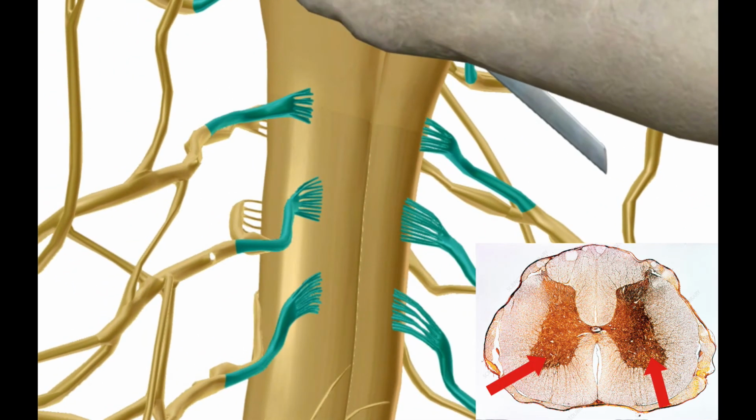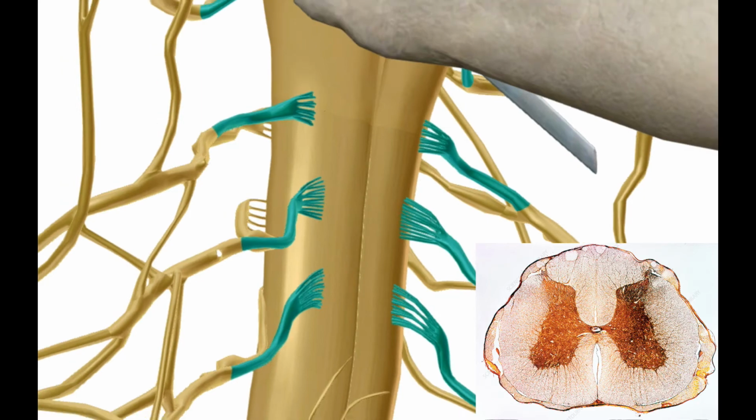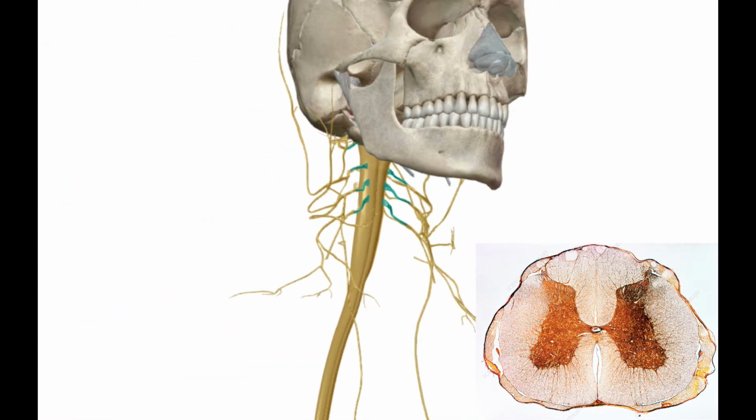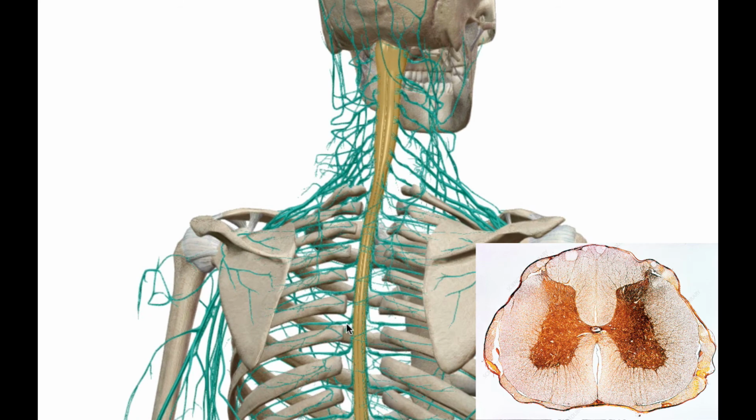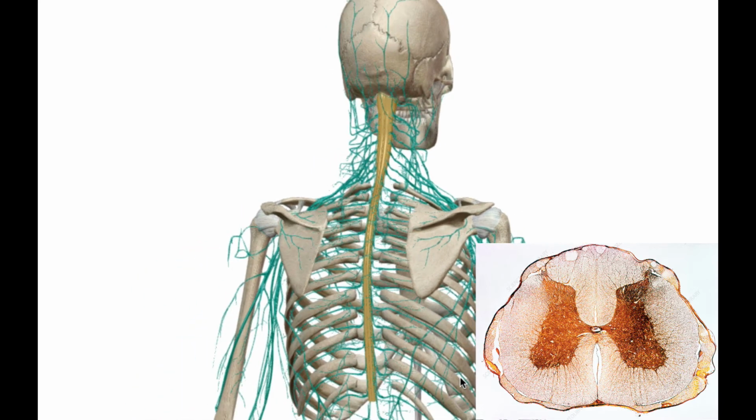This is going to go into the somatic receptors, and cause the muscles to contract. Or, let me give you a bigger view. If you're looking at the thoracic region, this is the nervous system that goes into the organs, for hormone secretion, for digestion, whatever the case may be.